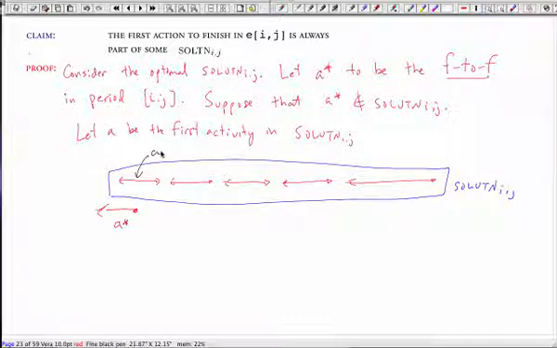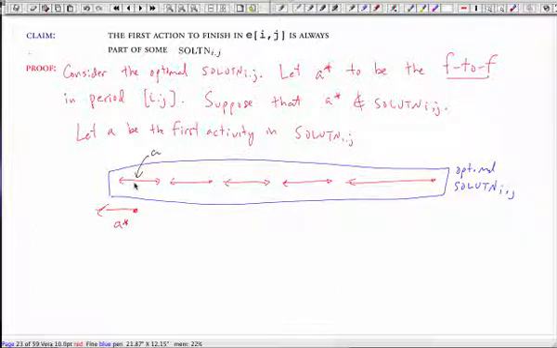This picture almost gives you the whole proof right there. We have some optimal solution. And we suppose that the first to finish, A star, is not part of this optimal solution.